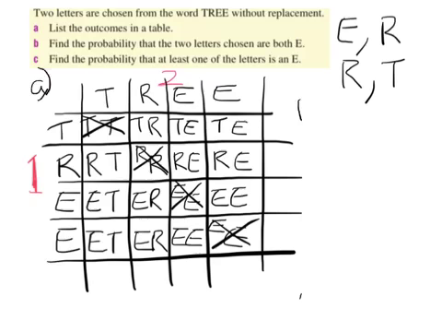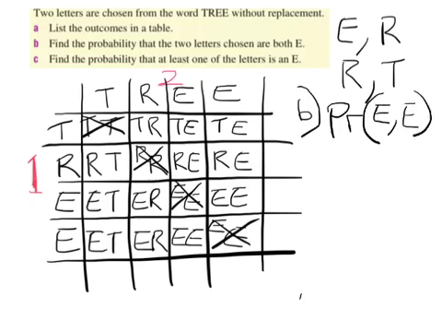Now part B asks us to find the probability that the two letters chosen are both E. So it's asking us for the probability of E and E. Now how we can do that is we look at our table and we look through the outcomes and we say to ourselves, okay, how many outcomes have we listed here?